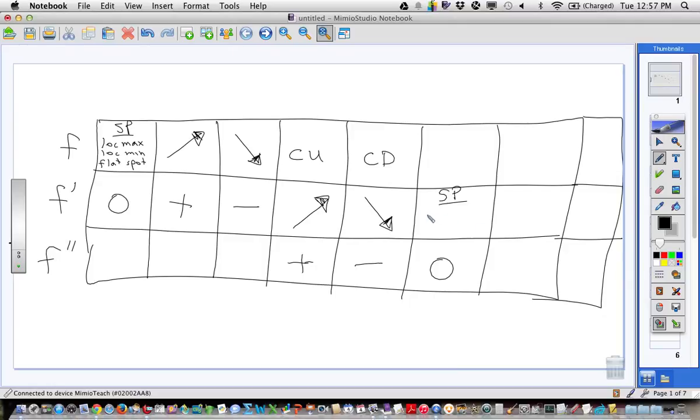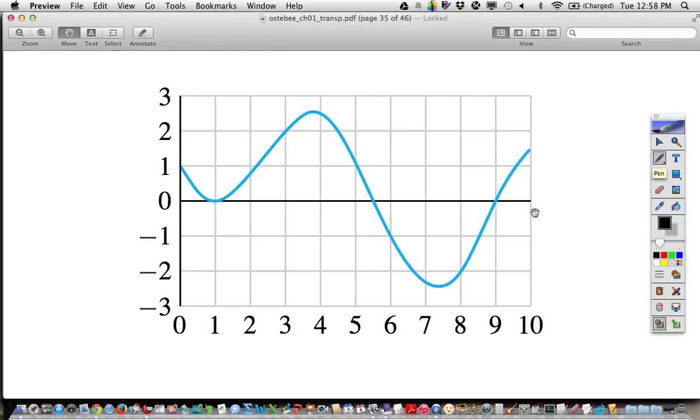It's a stationary point of F prime, and that means you're going to have a local max or a local min or a flat spot on F prime. Now we actually have already talked about that today. Let's go back to this picture right here.